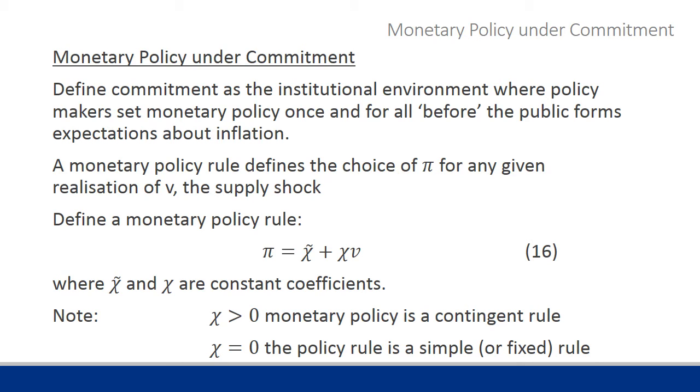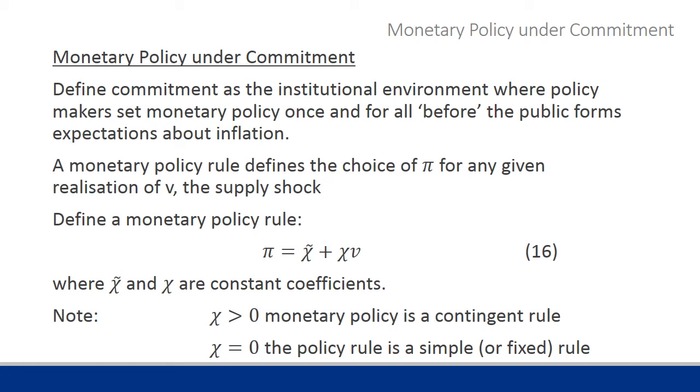We now look at monetary policy under commitment. How do we define commitment? Well, the policymaker sets the monetary rule in advance, before the public form expectations about inflation. So there's some commitment by the policymaker.